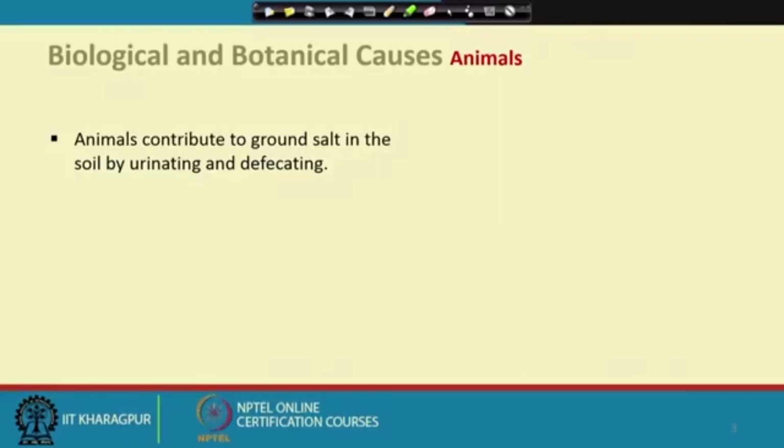Animals, as you know, are very difficult to control. There are different types of birds, animals and others which come to historic structures, especially when they are not in use. Animals contribute to the ground salt in soil by urinating and defecating. And this is very difficult, because until and unless there is a proper drainage system and proper cleaning, they will cause damage to the fabric.